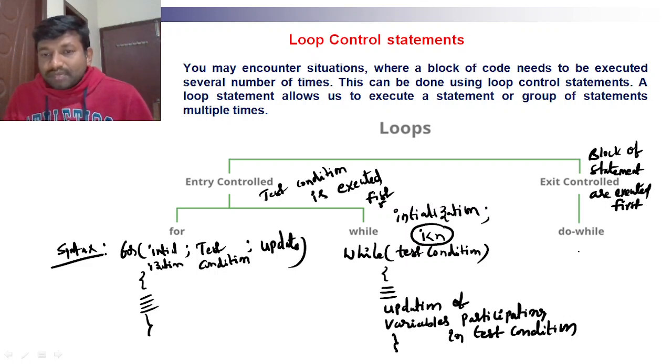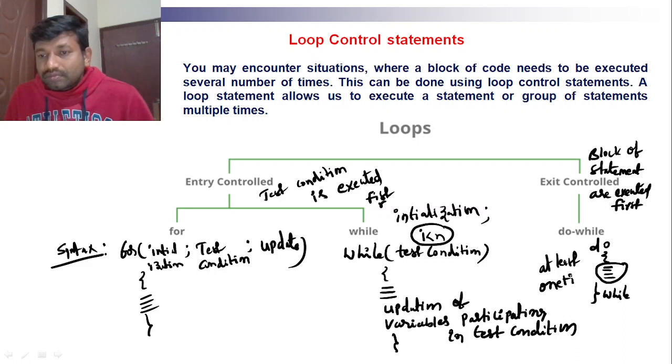And of course, when it comes to the do while, as I said earlier, do simply executes the set of statements, and then it ends the block. After executing these instructions one time, means at least one time the instructions get executed, then we test the condition actually.